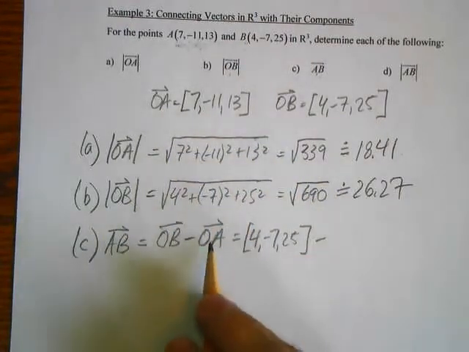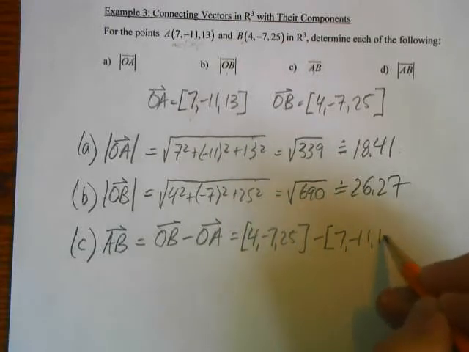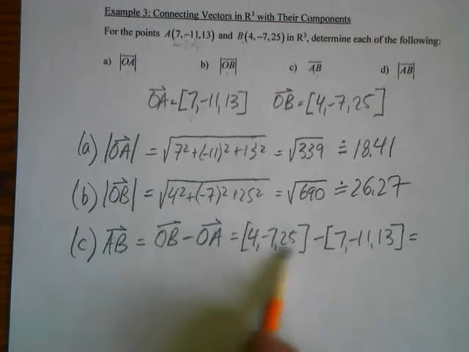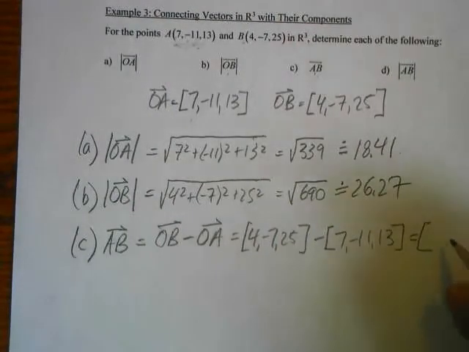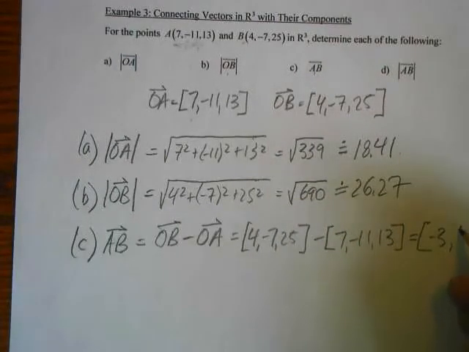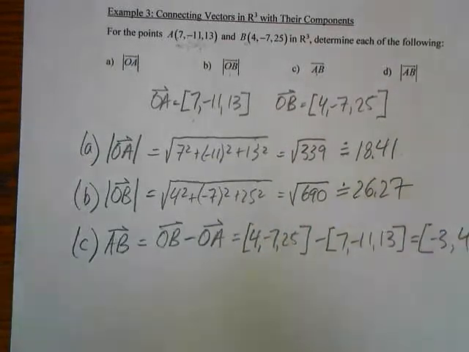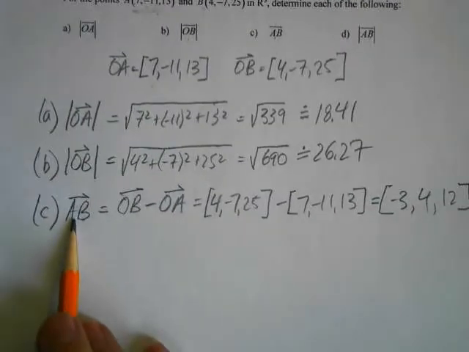And we subtract the components of vector OA. 7, -11, 13. And now we just do the math, the subtraction of each component. So 4 minus 7, -3. -7 plus 11, 4. And 25 minus 13 is 12. So that would be the component representation of vector AB.